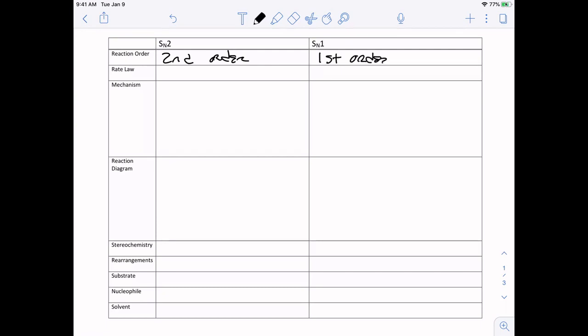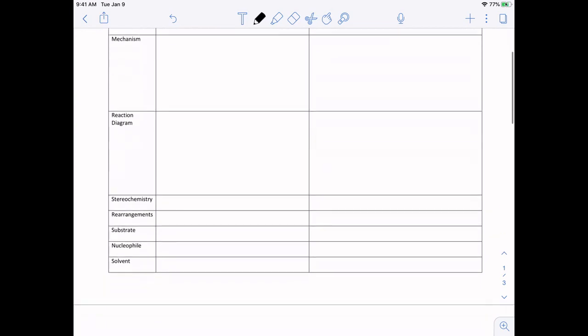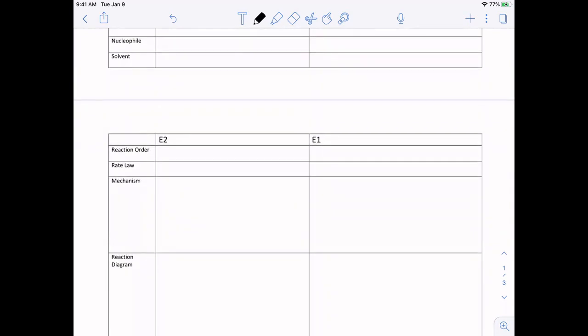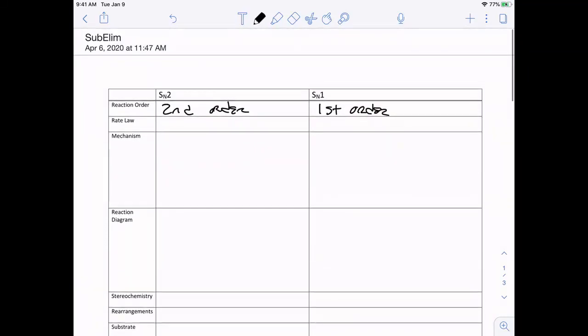And then the same thing for the eliminations. E2, because the 2 is in there, it's bimolecular, which means it's second order. And then E1 is first order. That one's pretty easy because it tells us right in the name what order it is, right? The 2, those are our second order reactions. The 1, those are our first order reactions.